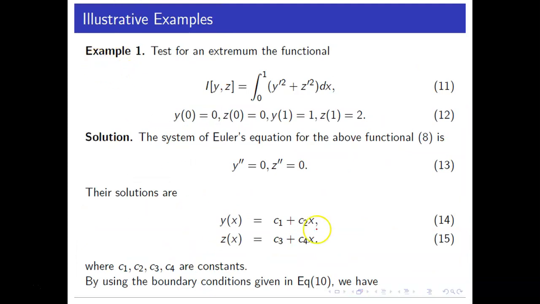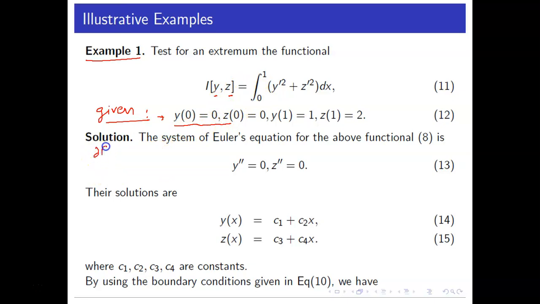In example one, we have considered an example involving the two variables y and z, and this is the functional given here, and these are the given boundary conditions. Now if we try to solve this, we have two Euler equations here.